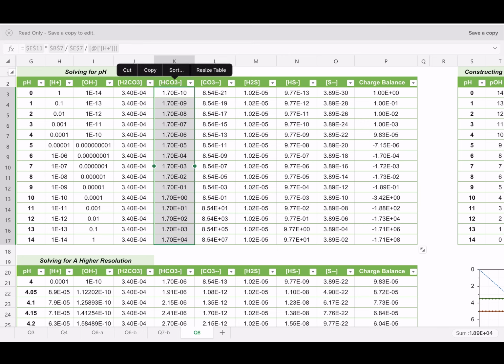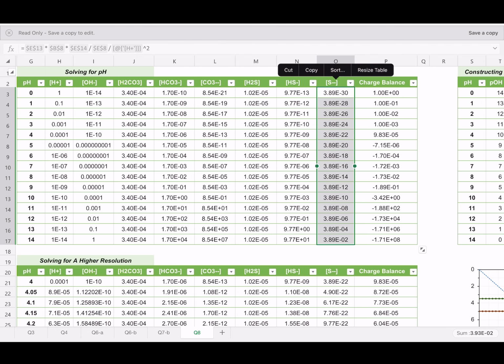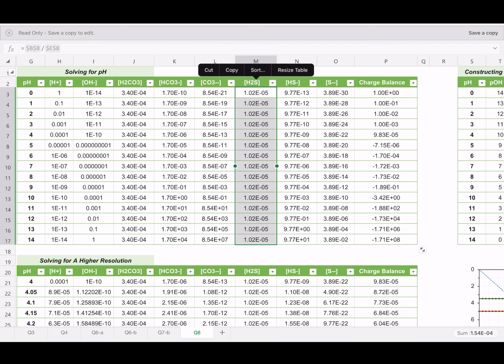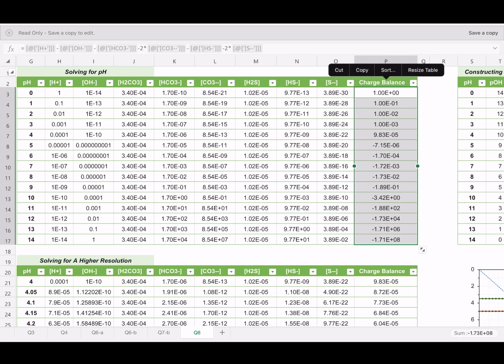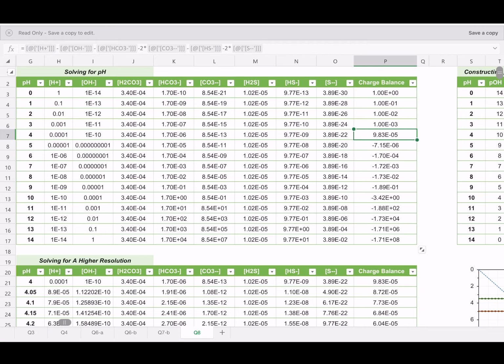And for the H2S system, it was calculated based on the H2S and also the pH. And then we can do the charge balance as we always do, the left-hand side minus the right-hand side. And then we see that the change in sign is happening somewhere here, so between pH 4 and 5.